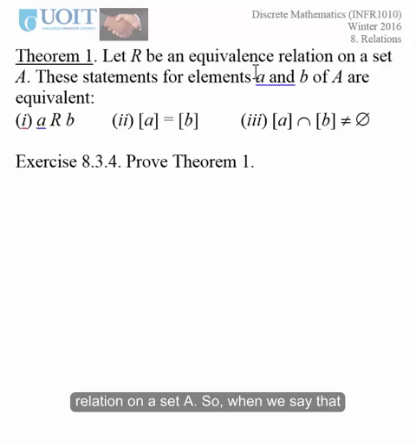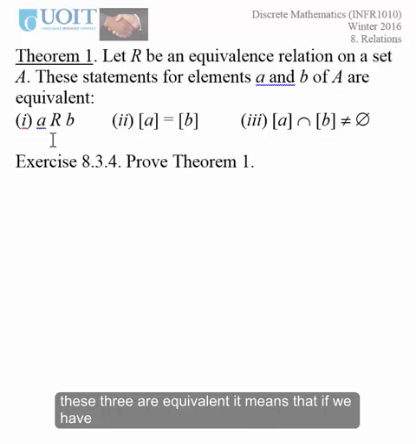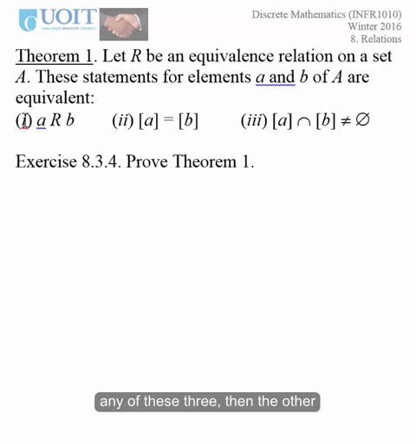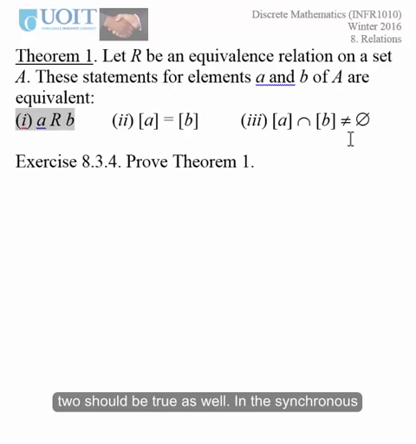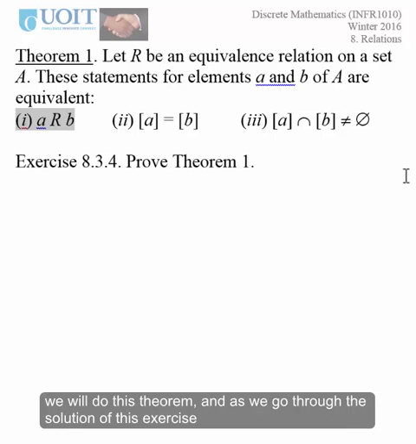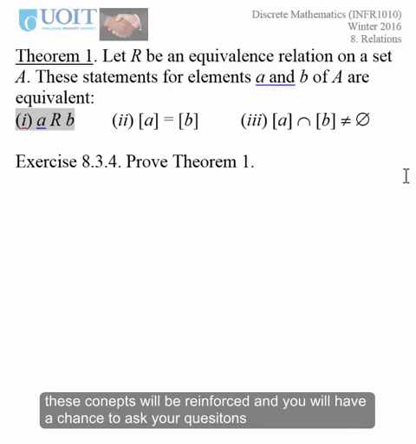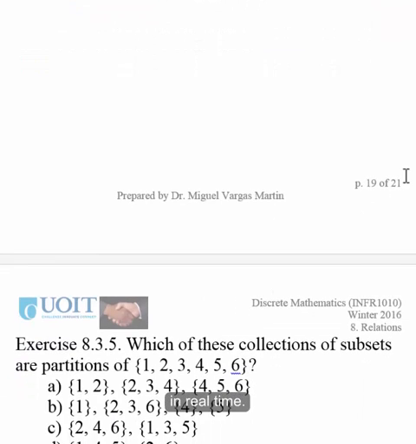R is an equivalence relation on a set A. When we say that these three are equivalent, it means that if we have any of these three, then the other two should be true as well. In the synchronous, we'll do this theorem, and as we go through the solution of this exercise, these concepts will be reinforced, and you'll have a chance to ask your questions in real time.